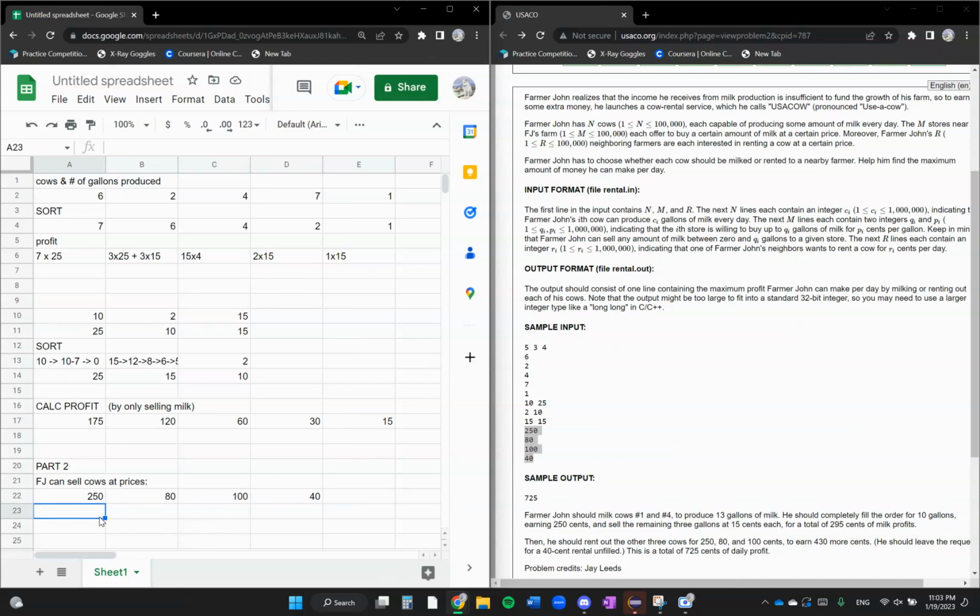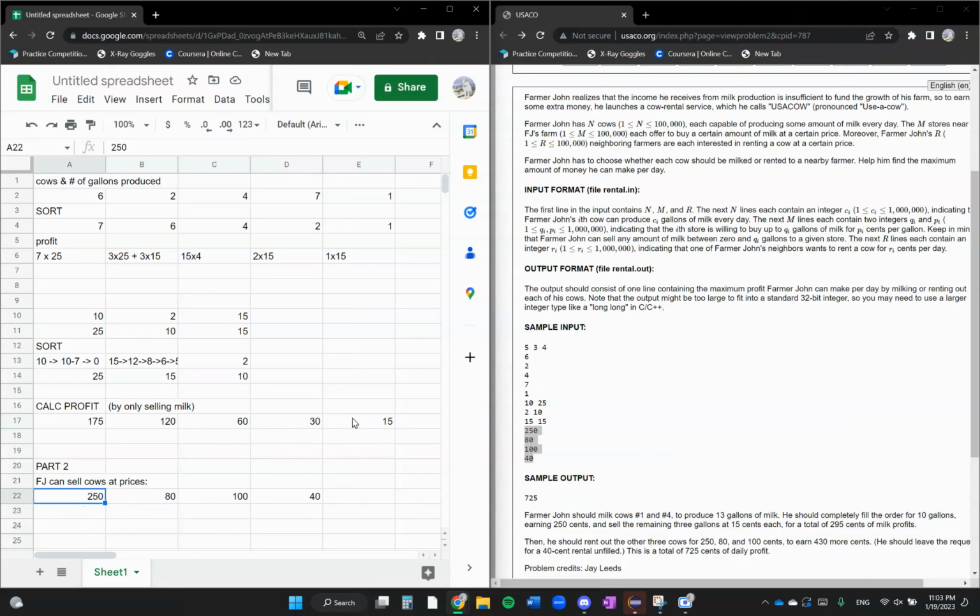But how can we optimize it? So it makes sense that if a cow is producing very little milk and making very little money out of its milk, and it's sold at a high price, then Farmer John's money would experience the greatest increase in profit, because the difference between 250 and 15 is a lot greater than the difference between, for example, 80 and 60. That's only a 20 cent increase.